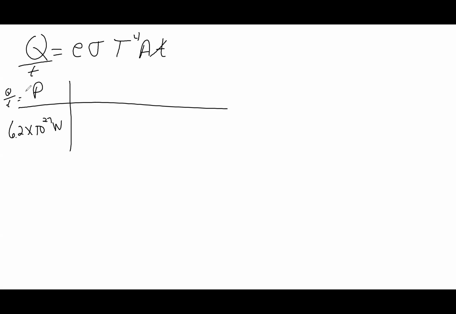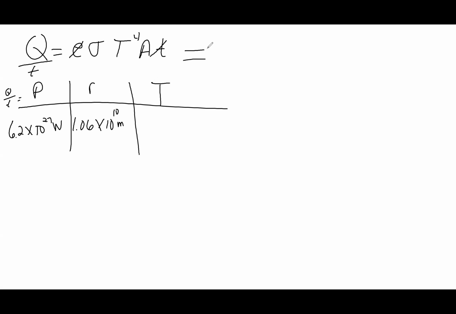The rays of the star, which may be considered a perfect radiator. A perfect radiator means that my emissivity is going to be 1. So I don't have to use that. And that value for the radius, they say, is 1.06 times 10 to the 10th meters. And it says, determine the surface temperature of the star. Determine the temperature. So we know then that Q over T, which is our power, is going to be epsilon times temperature to the fourth power times area.